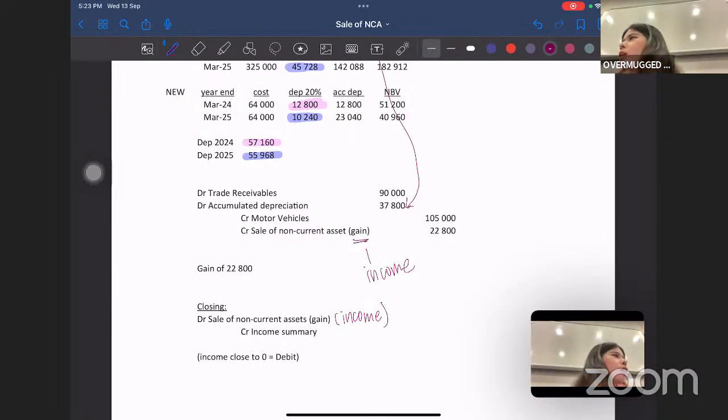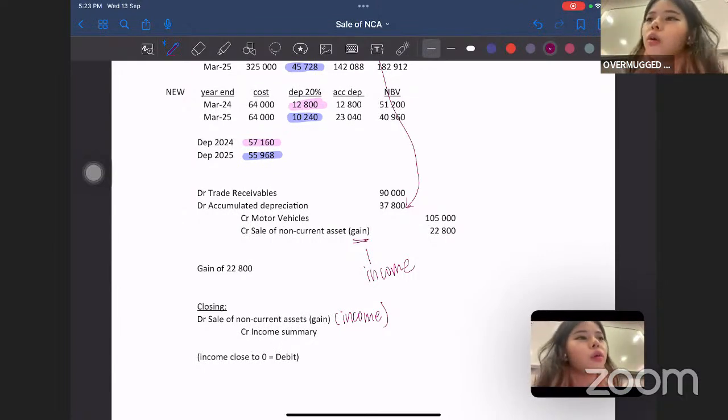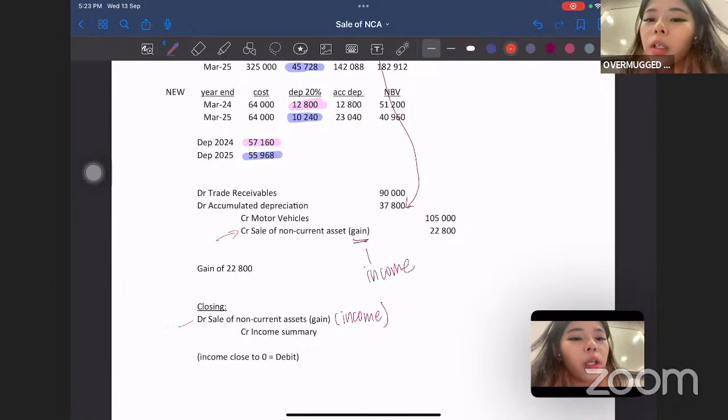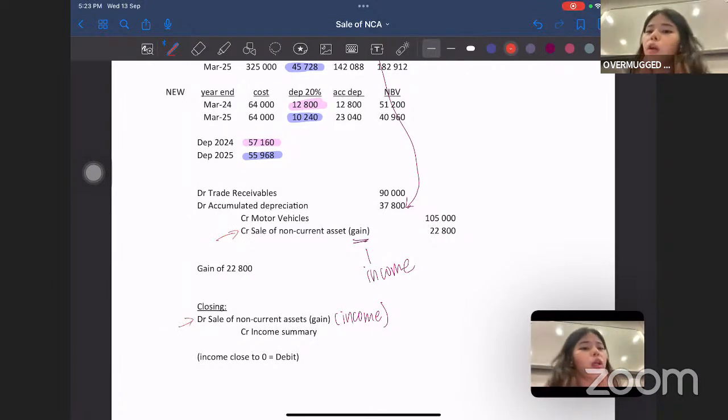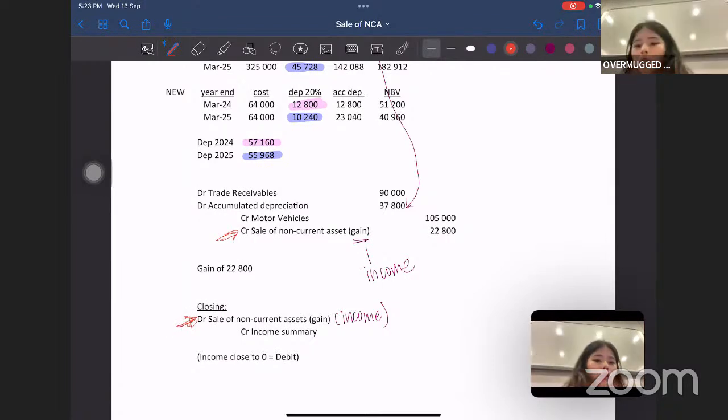This is what students usually get very confused at. Students will always ask, why here credit, then why here debit again? Here I'm showing that it's an income, and here in closing, I'm closing it. So when I close, I need to put it at the minus side. That's why it's at the opposite side.